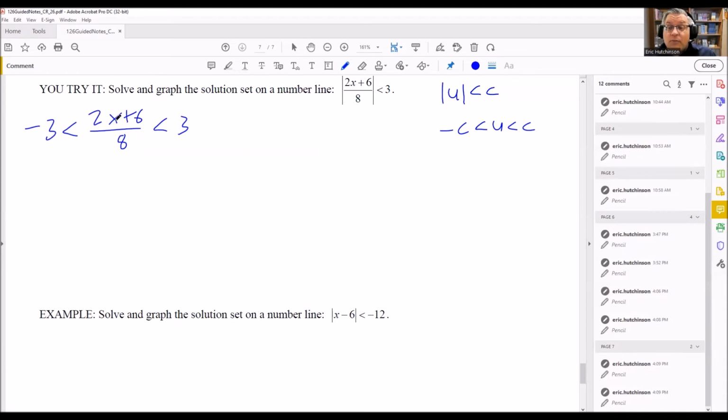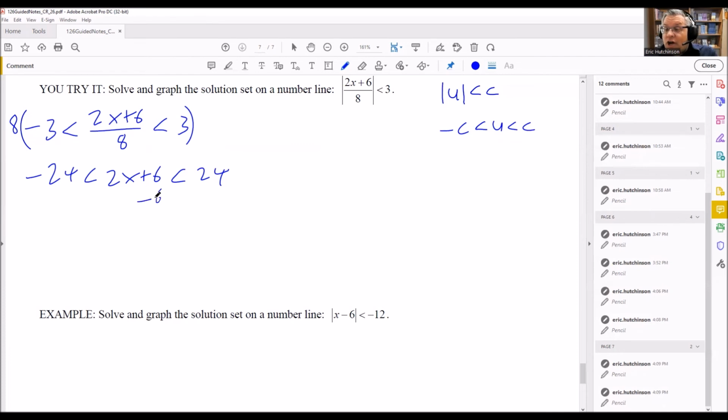Like the last problem we did, we want to get rid of the 8 down below, and we do this by multiplication. Multiply the whole inequality by 8, all three sides actually. So 8 times negative 3 is negative 24. This is just going to be 2x plus 6 because the 8s are going to cancel there. And then you get less than 24. So again, don't forget to multiply the right-hand side by the 8 as well.